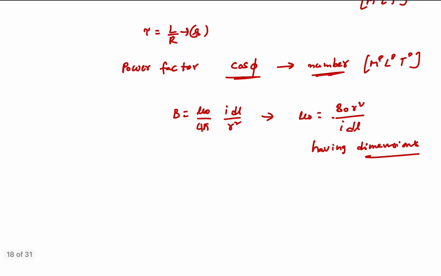Next one, relative permeability mu r. What is the relative permeability? Mu r is equal to mu medium divided by mu naught. It is the permeability in medium over the permeability in free space, so it has no unit, no dimension.